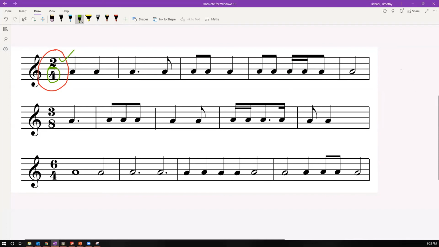Okay, Subukazi, can you help us out? There are 4. No, it's 2 beats for the top number. Then a quarter note gets 1 beat.